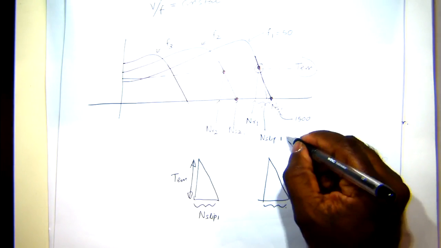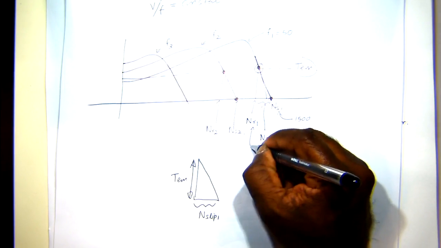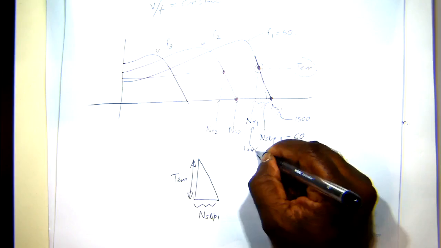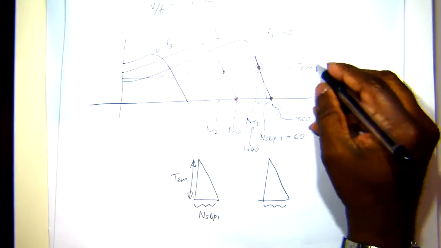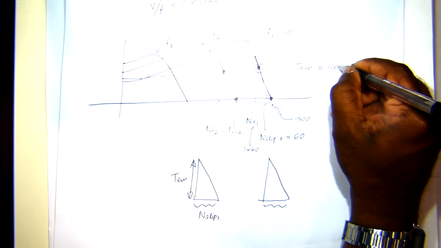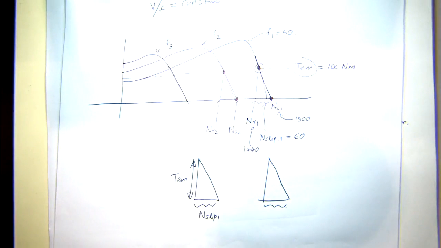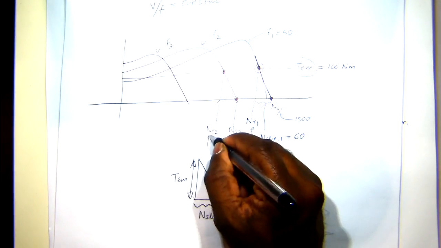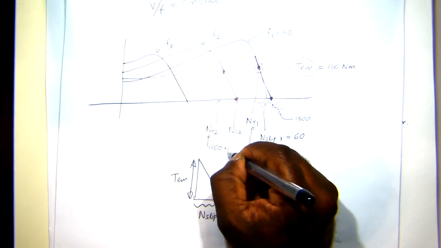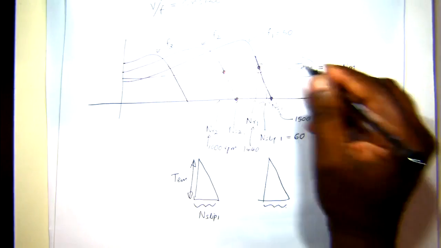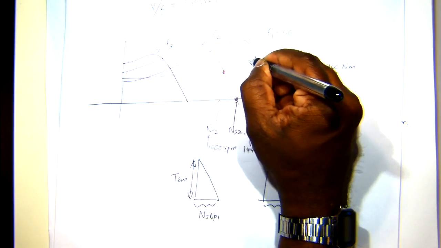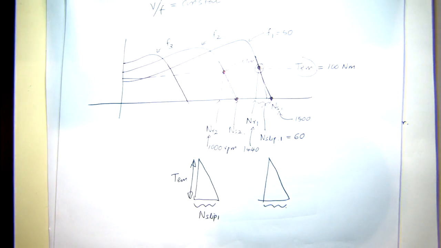Let's say the slip is 60, and the shaft is rotating at 1440, and the machine is producing 100 Newton meter of torque. Let's say you want to operate the machine at 1000 RPM, and you want a torque of 100 Newton meter here as well. You are asked to figure out the voltage and the frequency you need to excite the machine at.